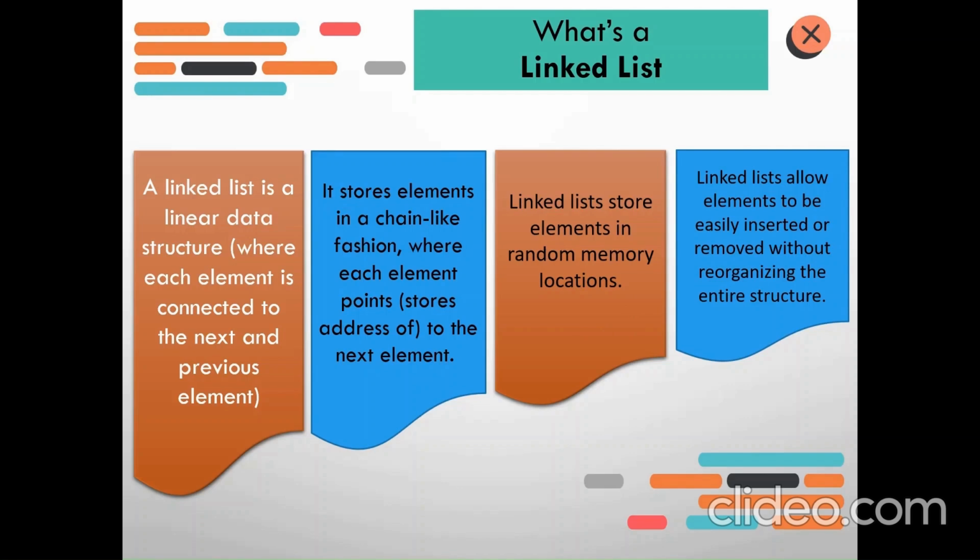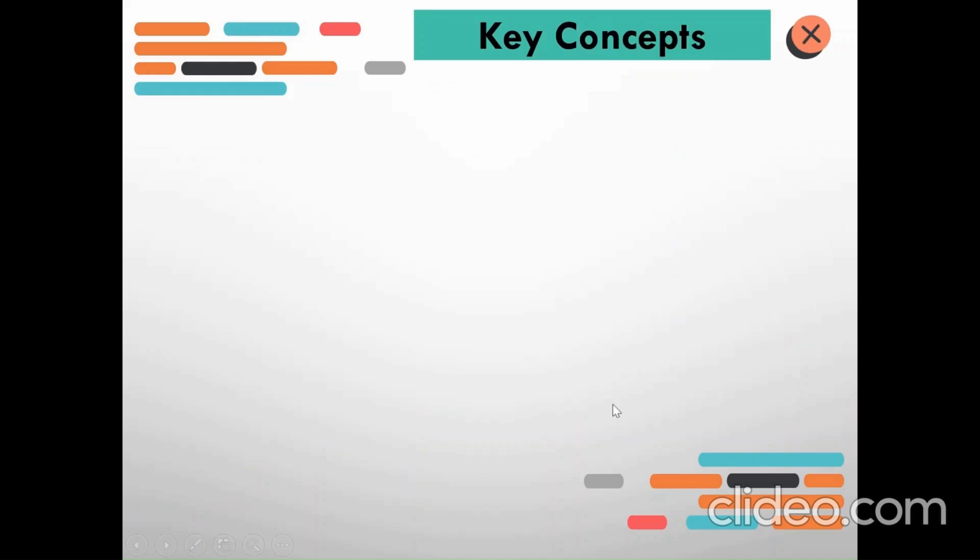Similarly, for deletion, we can delete an item or the element of the linked list in the middle without disturbing the organization of the entire structure. Right? Things would get clear when we discuss the linked list in detail. For the time being, we will be concentrating on the topic at hand, which is the linked list implementation of a queue.